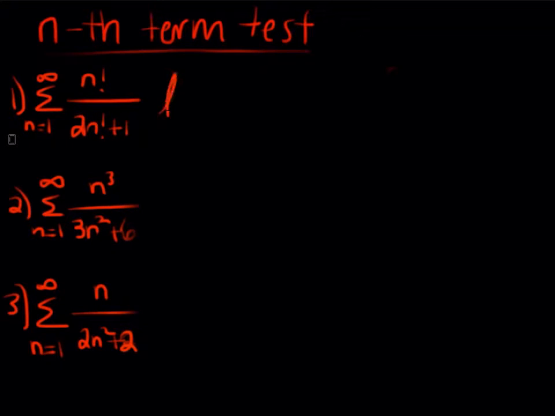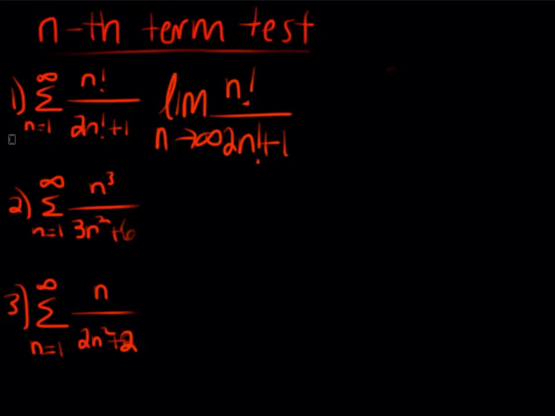So let's rewrite this as the limit as n approaches infinity of n factorial over 2n factorial plus 1. And as I said, n factorial is equally as dominant as n factorial in the denominator.